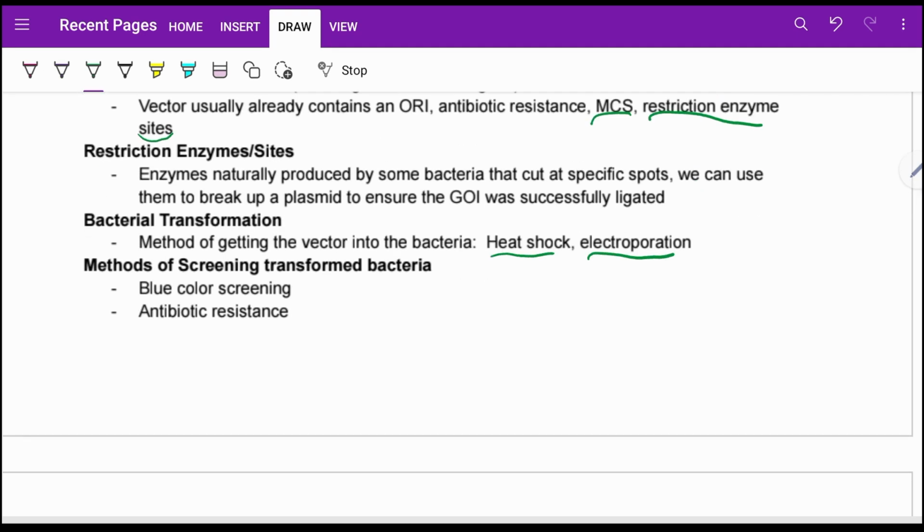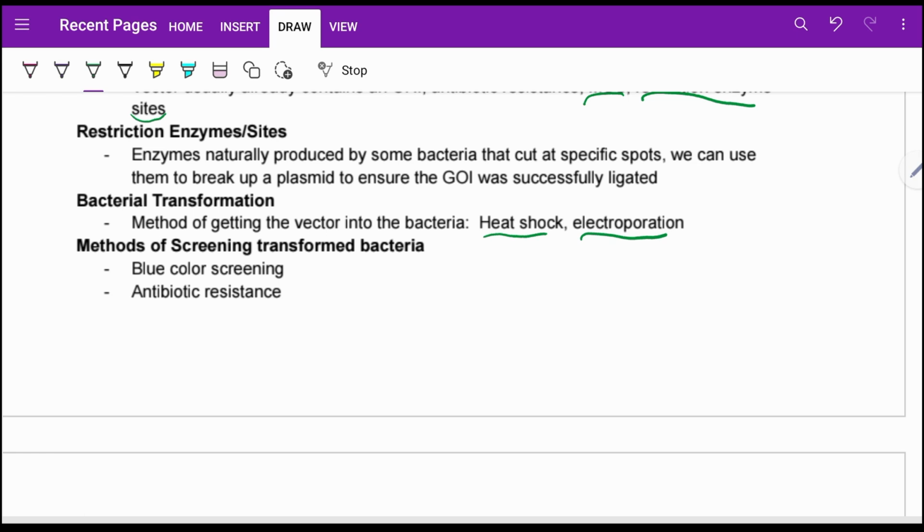So once we have these in bacteria, we need to check if they have successfully been implanted in the bacteria. In order to do that, we can either have a color gene on the plasmid, which means that all the bacteria with the plasmid will be a certain color and the bacteria without the plasmid won't.